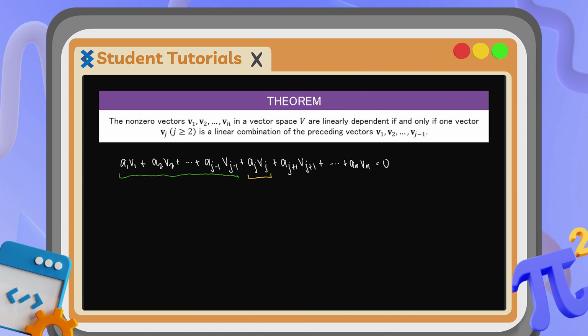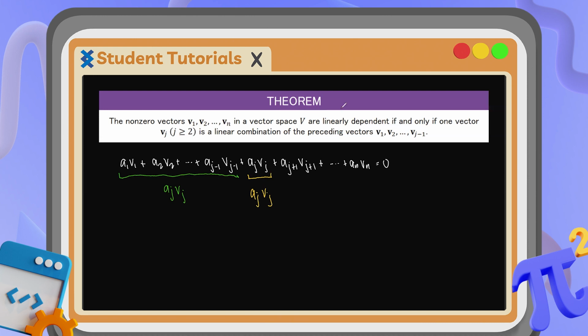So how do we show then that this is linearly dependent? Since this thing in green is actually a linear combination that would get you to A sub j V sub j, we can substitute it like so. Assuming that the other constants are equal to 0, we can see that we also have another A sub j V sub j here.